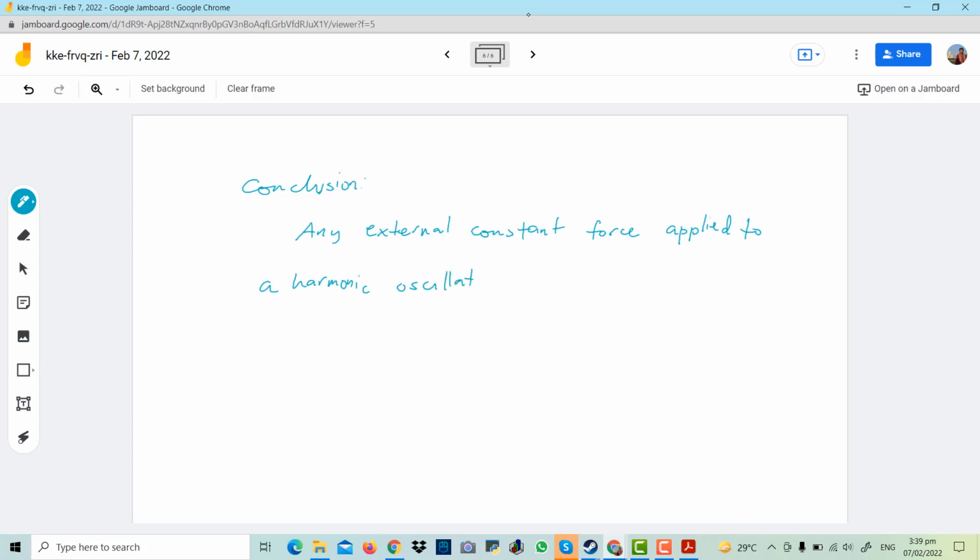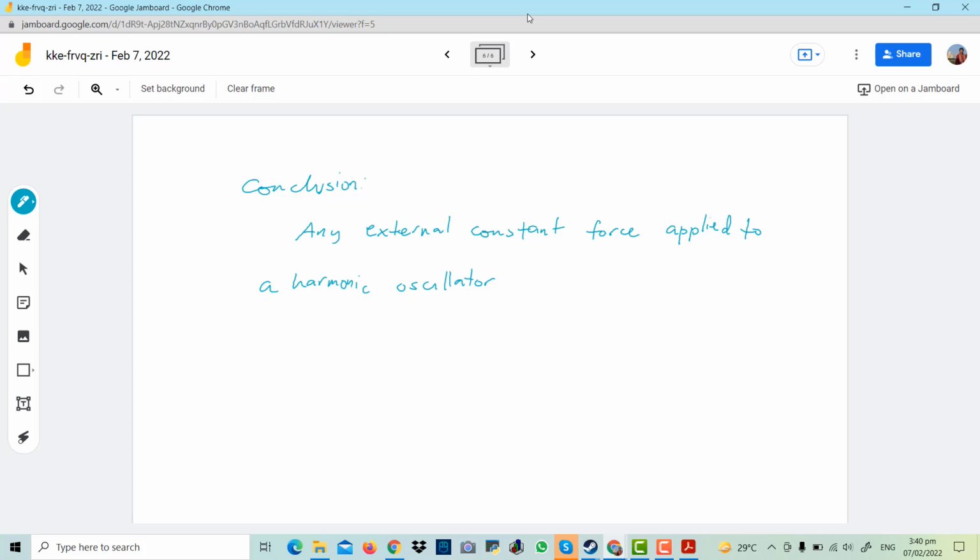Take note, I emphasize the constant because later, when you reach damping, the force on the harmonic oscillator will have an added term that is not constant. It may depend on velocity, it may depend on position, and so on. But here, the external force we added is only a constant force.